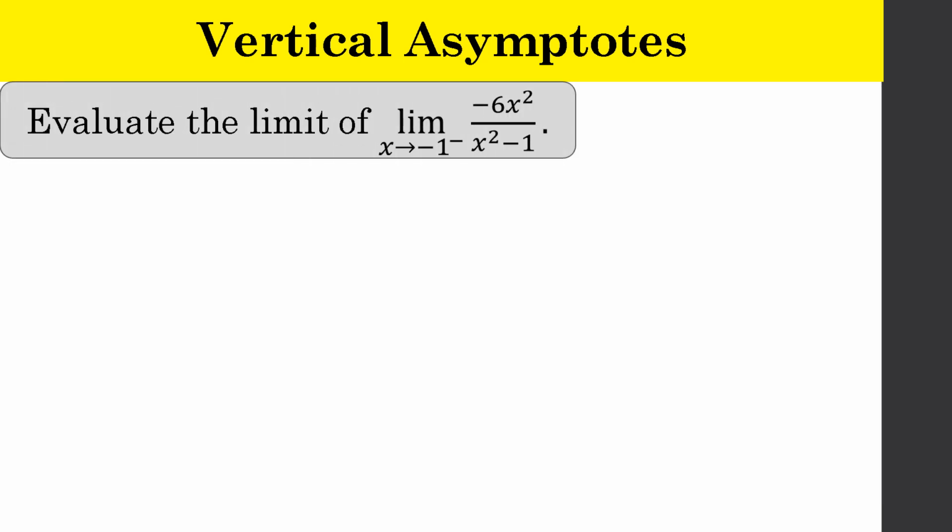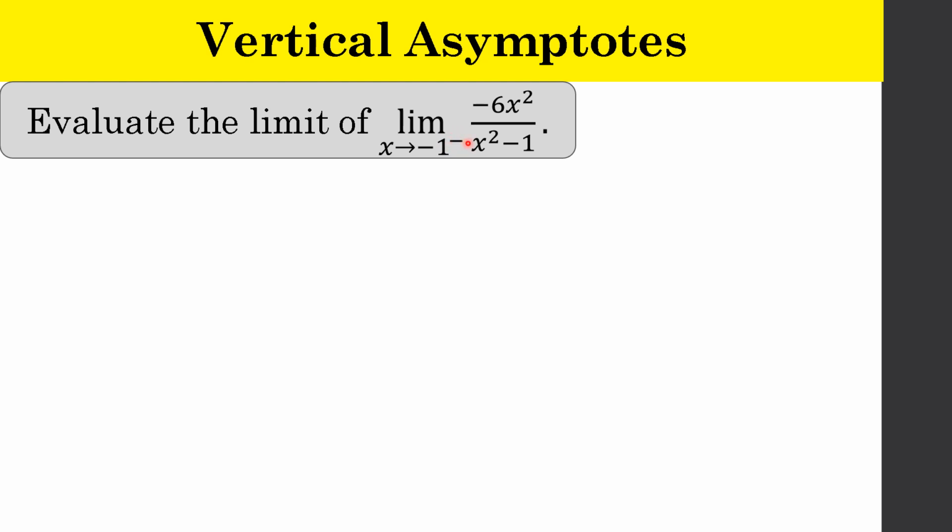Another example, let's evaluate the limit of this function, negative 6x squared over x squared minus 1. So to get the specified limit, kailangan nating iset yung value ng x natin which is closer to your c. In this case, yung c natin is negative 1 from the left kasi negative yung exponent ng c natin dito.